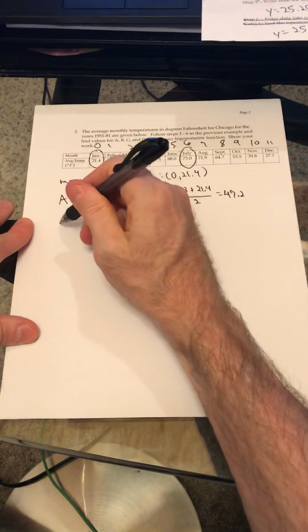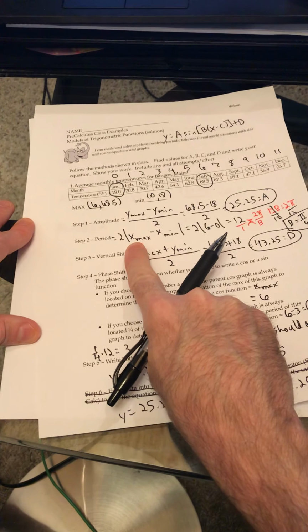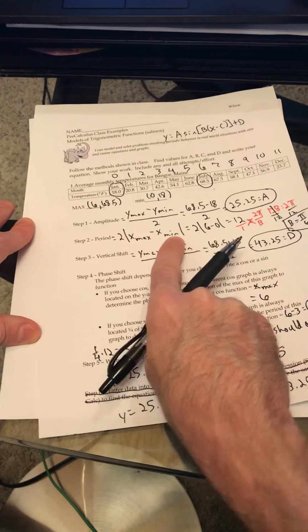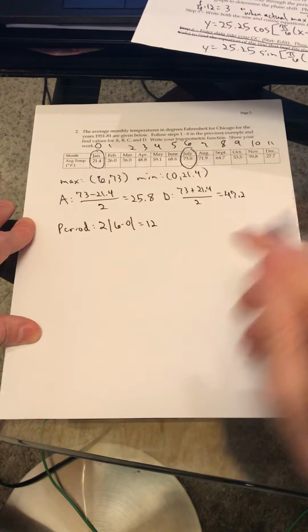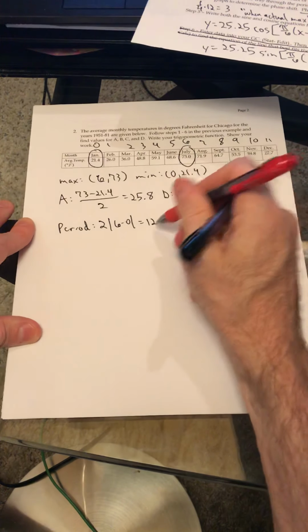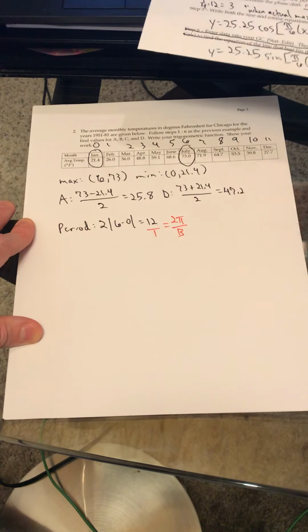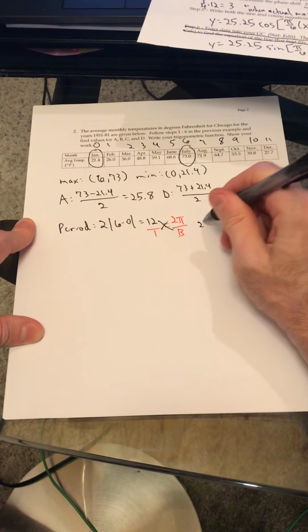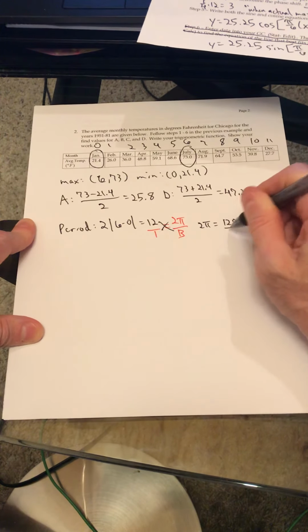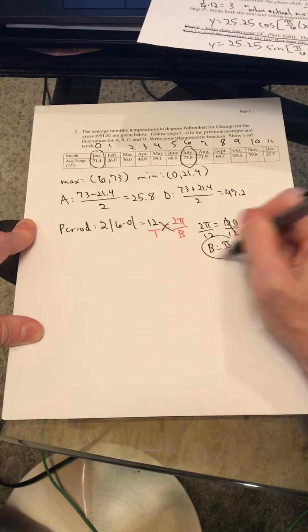All right, period. Again, same exact thing. You take 2 times the absolute value of the max for x minus the minimum for x. That's 12. And even though you've already seen it, the more you see it the better: 2 pi equals 12b, divide by 12, b equals pi over 6.